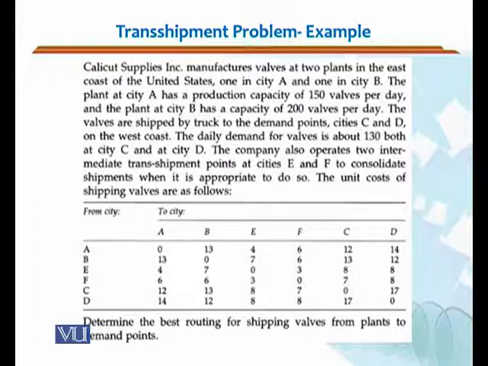This is for one valve. Then from A to E, 4, A to F, and so on. Similarly, for intermediate points, from city to city, the unit costs of shipping valves are also given. Determine the best routing for shipping valves from plant to demand points. So what we need to do is determine the best route.